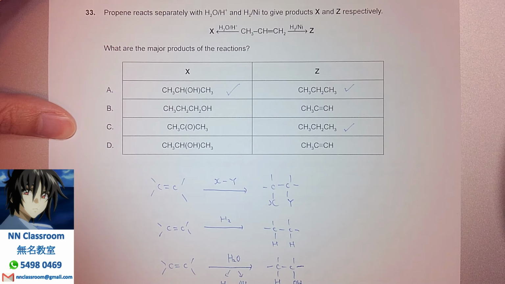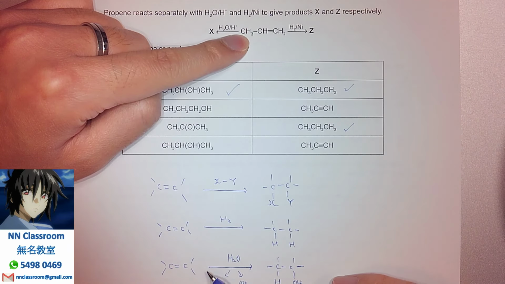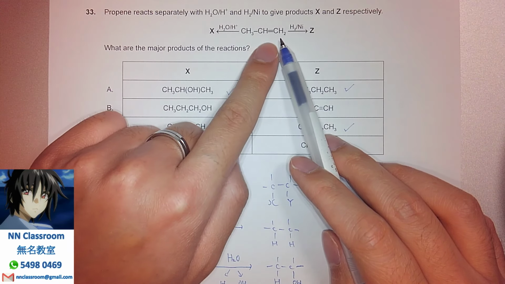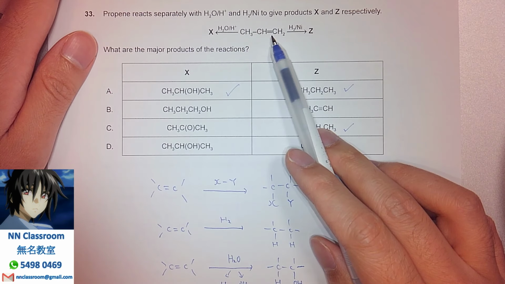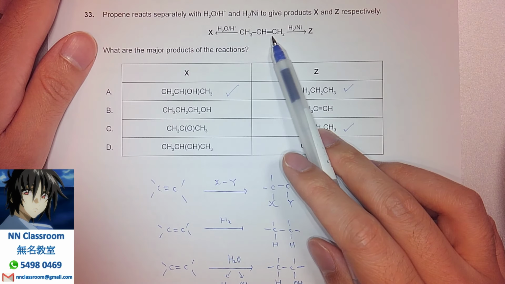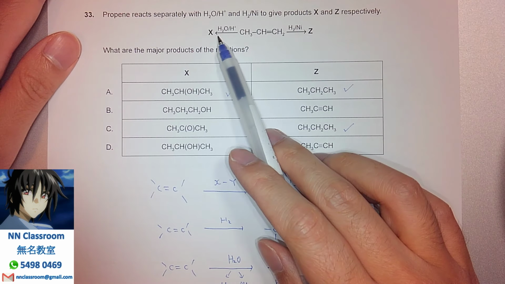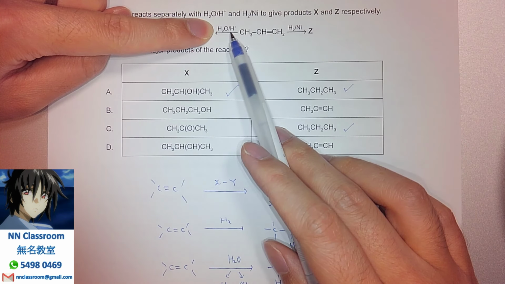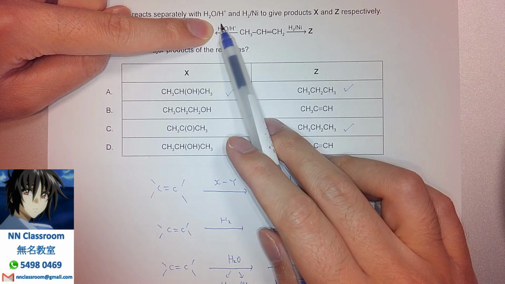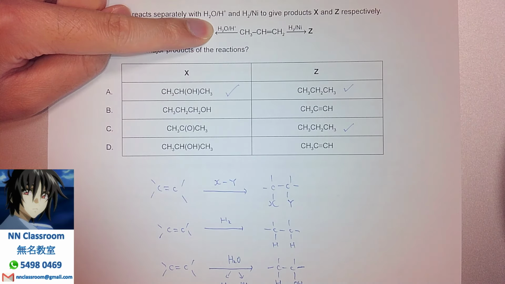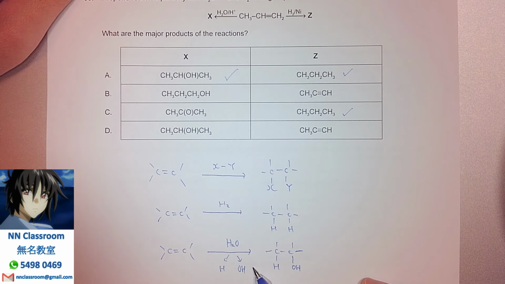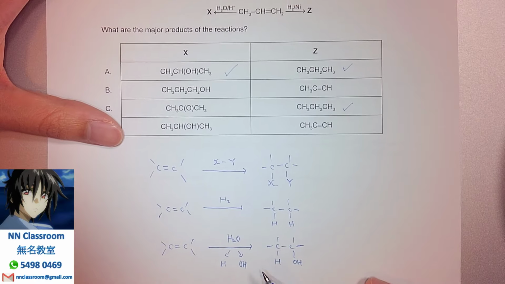But I just want you to know that in this particular case, propene is what we call an asymmetrical alkene. That means the double bond is not in the middle position of this hydrocarbon, meaning that it undergoes an asymmetrical addition. That means what they're adding is also not the same, right? One side H and one side OH, which means here come two addition products.